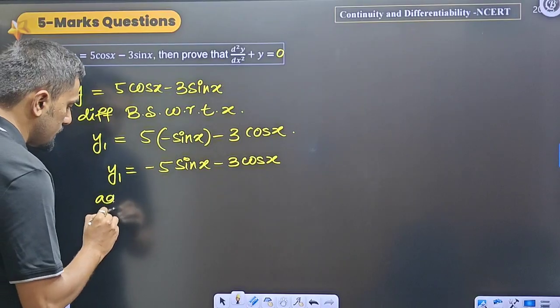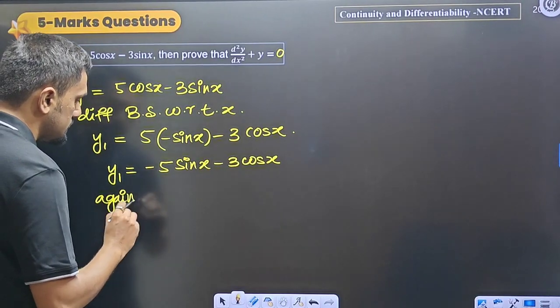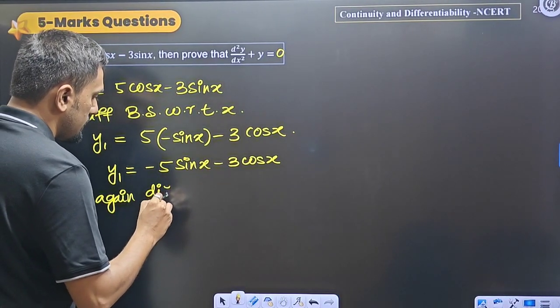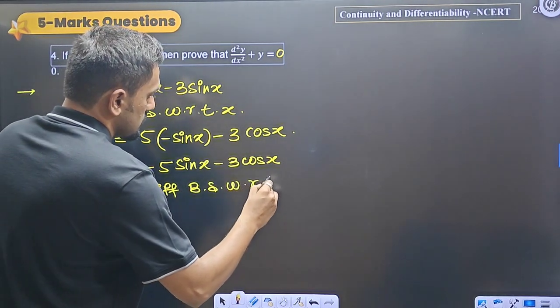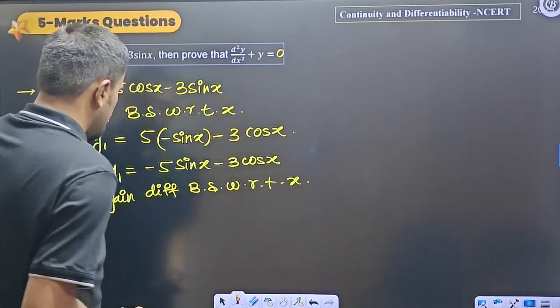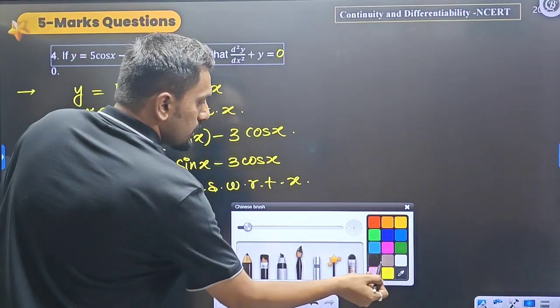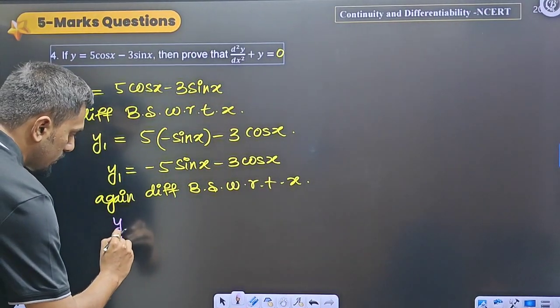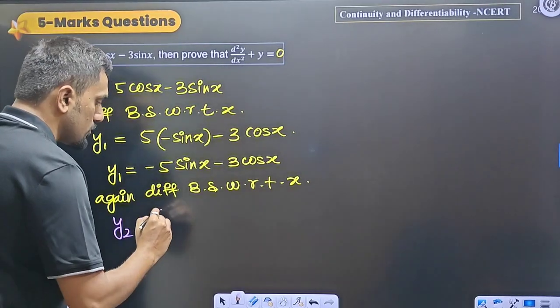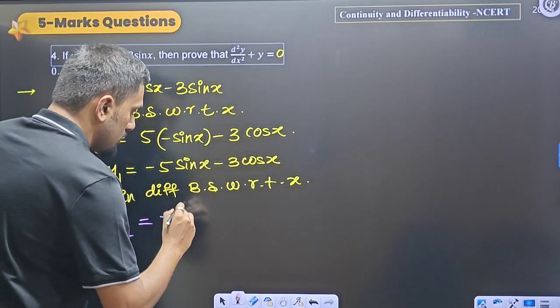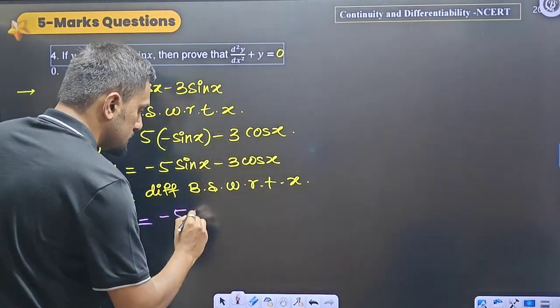Okay, so again differentiating both sides with respect to x, then you will get y2. If I differentiate y1, then I will get y2. y2 is equals to minus 5. What is the derivative of sin x?